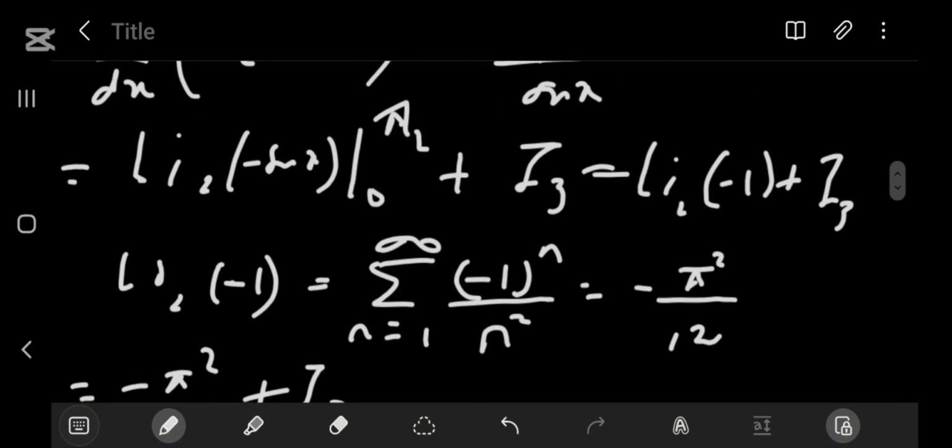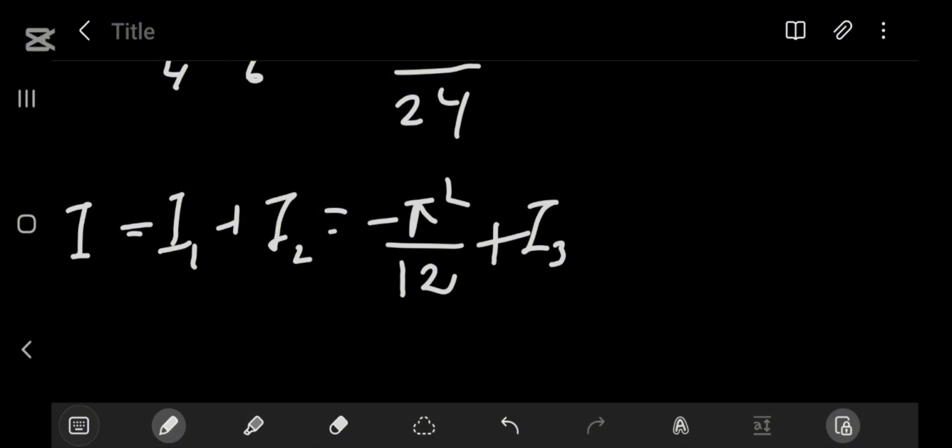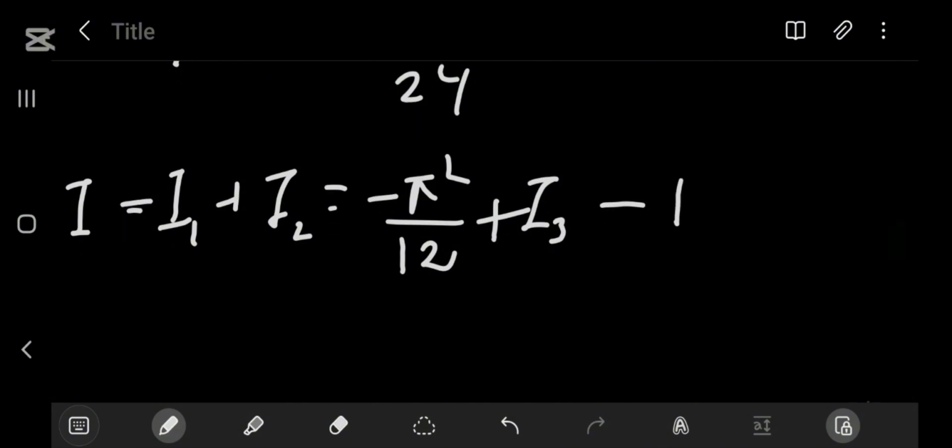Well, now it's time for us to get everything done. So our first equation, I equals, we did separate these things as I1 plus I2. Then for I1, we did minus pi square over 12 plus I3, and for I2 we simply just got I1.